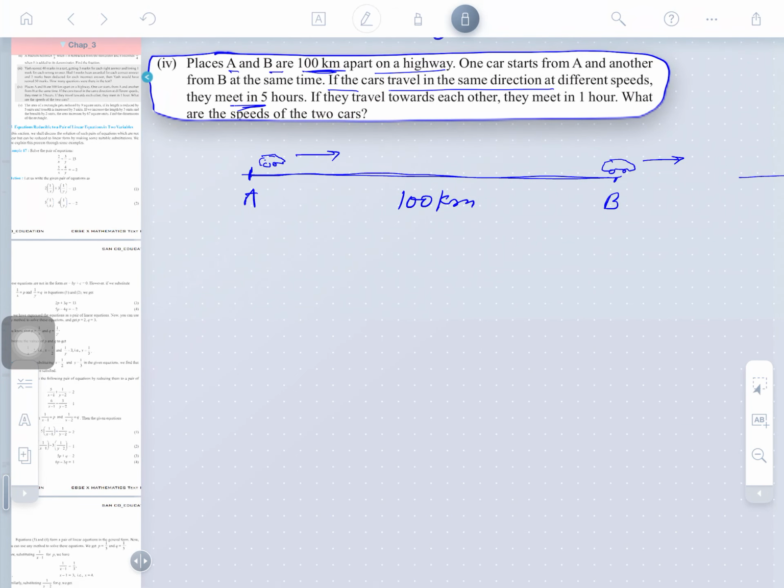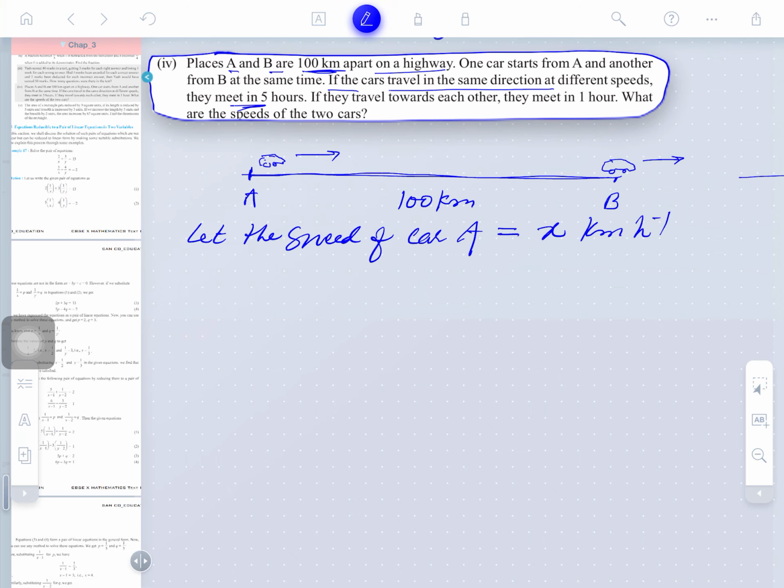Here we'll write down: let the speed of car A be x kilometers per hour, and the speed of car B be y kilometers per hour.